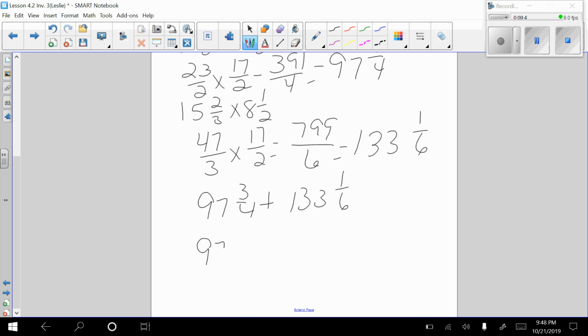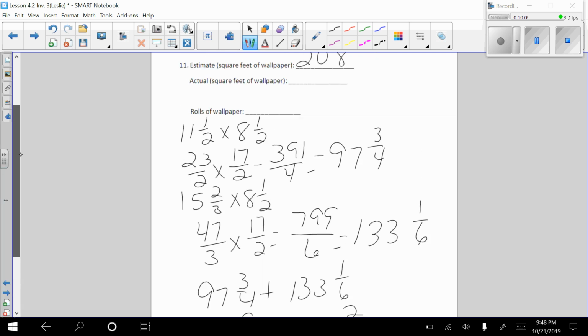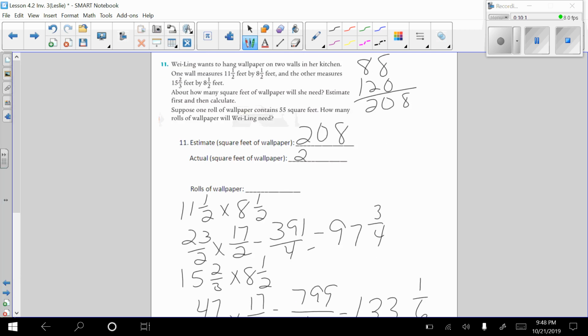So that I would have 97 9/12. Remember, I multiplied 4 by 3. I must multiply 3 by 3 to get 9, plus 133 2/12. If I add them together, I'm going to come up with 230 and 11/12. That's the actual amount I would need, 230 and 11/12.